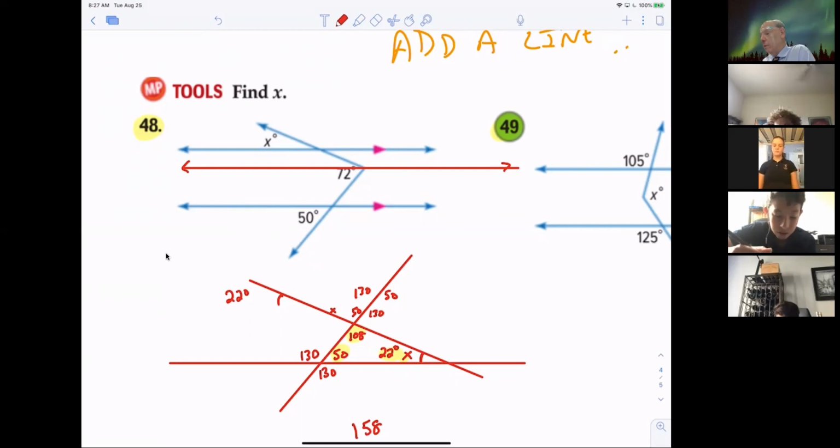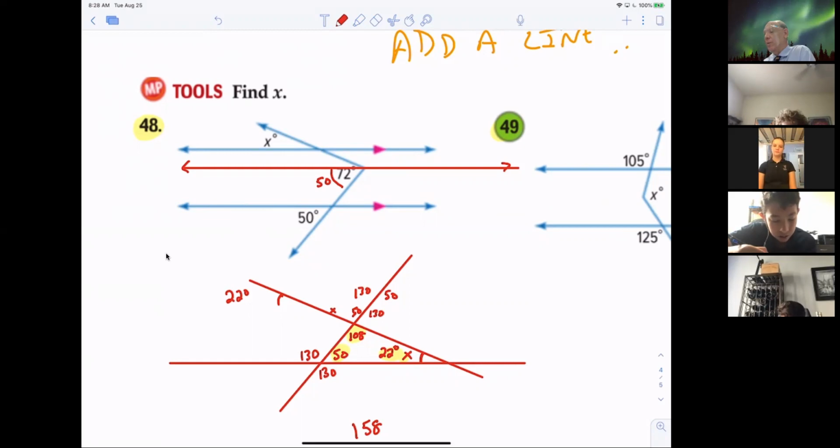So what is this angle going to be? No. 50. Come on, guys, wake up. Why is that 50?